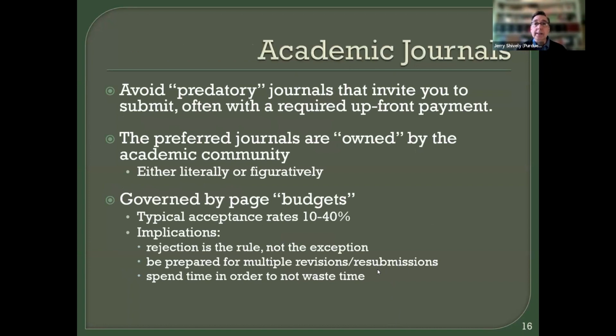The first thing that I want to underscore is something that didn't really exist when I started my career, but is now becoming an increasing problem in our disciplines: the existence of predatory journals that often invite you to submit an article. If they invite you to publish in their journal, they expect you to pay to publish, often upfront, sometimes substantial amounts.